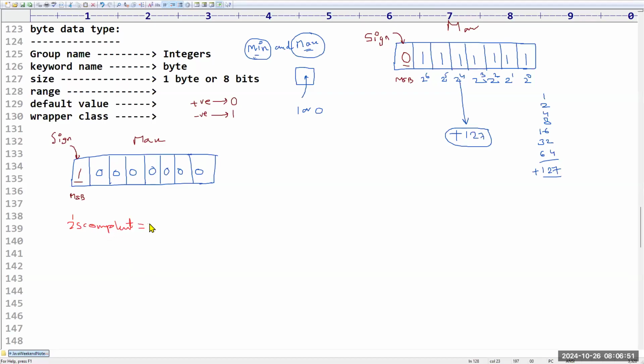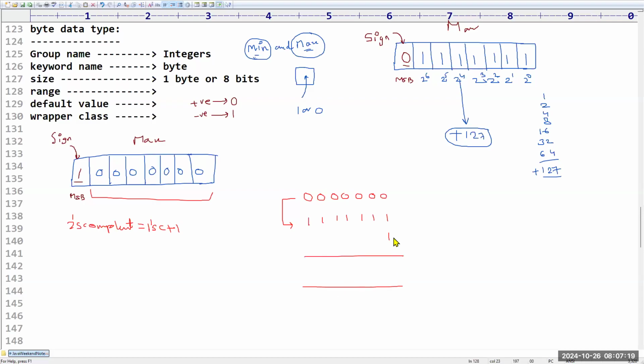What is the formula for 2's complement? 1's complement plus 1. So excluding this MSB, take the remaining bits. What are those bits? 0, 0, 0, 0, 0, 0, 0. We have to convert every 0 into 1, 1 into 0. You can see you are getting all ones. To this, we have to add 1.